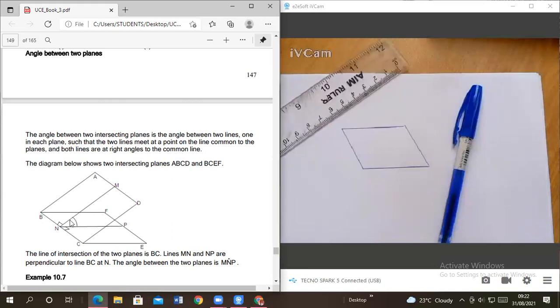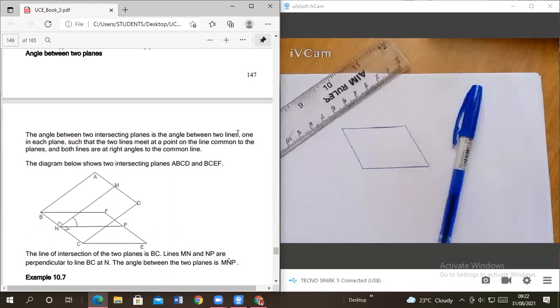How do you get these lines? You have to draw them in the middle of those planes, so that they bisect those planes into two. Line NP bisects the downward plane into two, and line NM bisects this upper plane into two. So the angle between them is the angle between the planes.